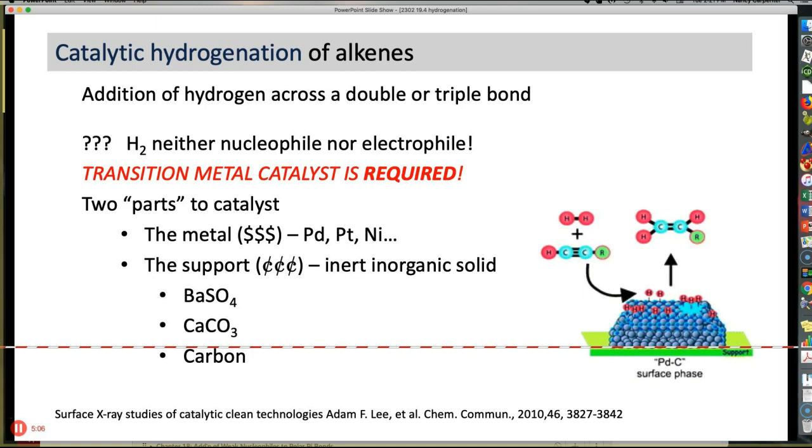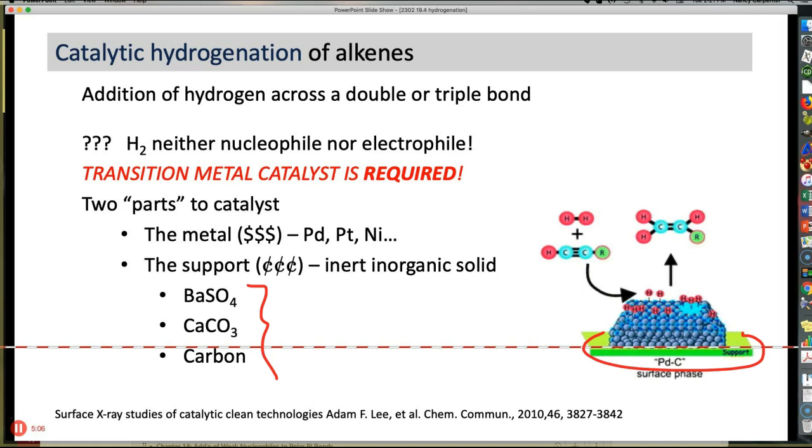So I have a junky, cheap support layer. This stuff, like calcium carbonate, is basically chalk. Carbon is graphite. So you have particles of chalk or barium sulfate or carbon upon which you layer a very, very thin coating of your transition metal atoms.